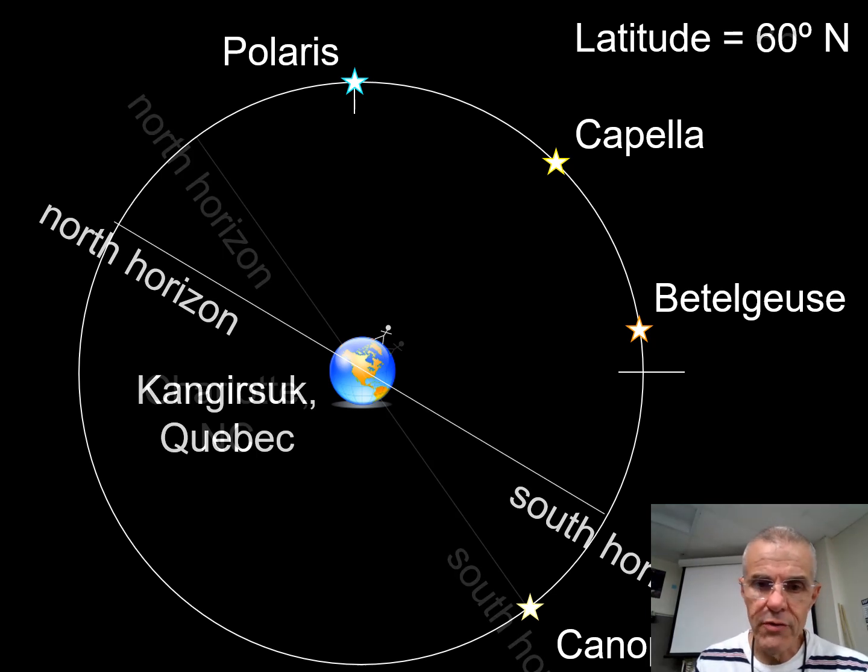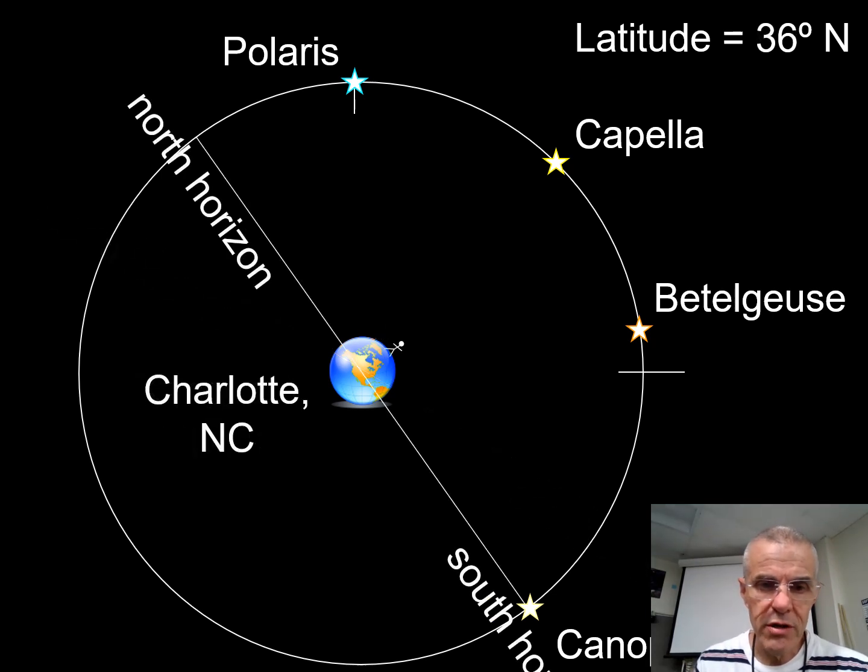And so on. If we keep going around, being in Charlotte, North Carolina, is similar to being in Knoxville because the latitude is the same. 36 degrees north is our latitude in Knoxville. Charlotte would be pretty much the same. You can try this in Stellarium if you want to. All the places named here are ones I think you can search for and find in Stellarium, so you could open up Stellarium and do these same things.